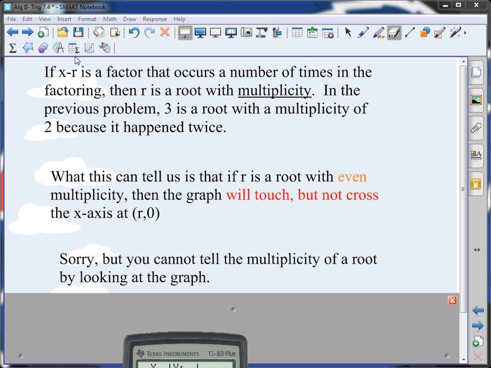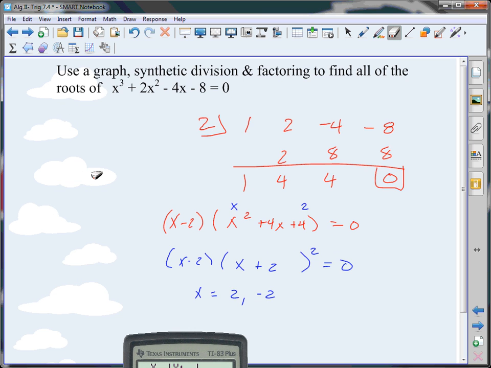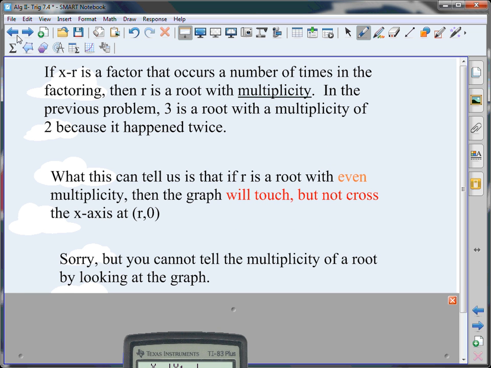So what we would write for this answer, going back to this one, multiplicity of 2. Negative 2 happens twice, because this is squared.